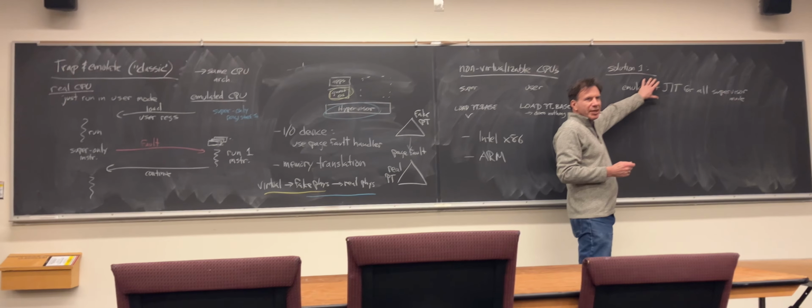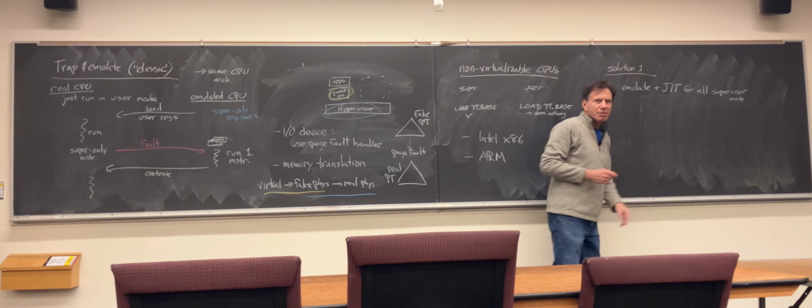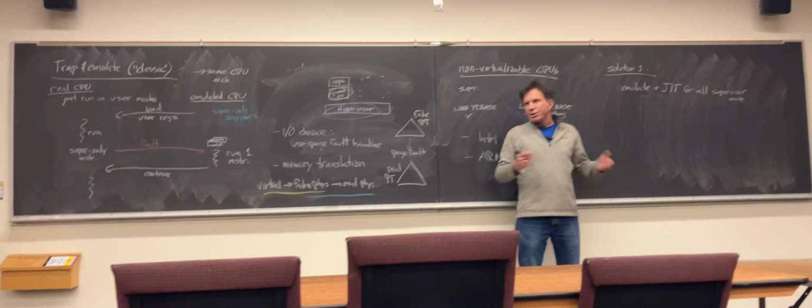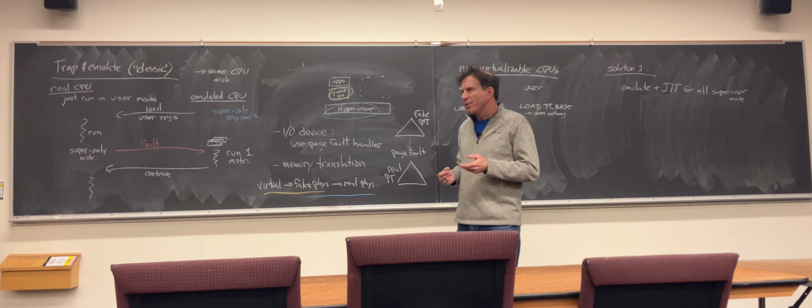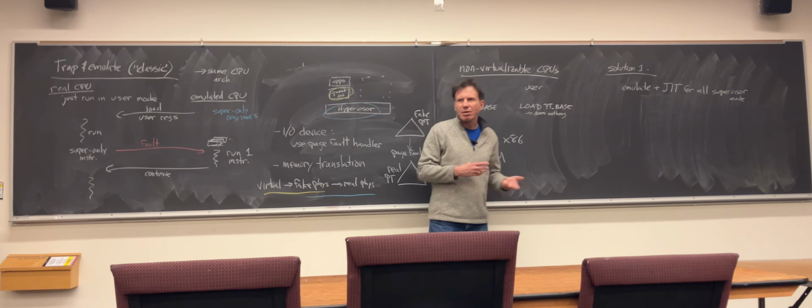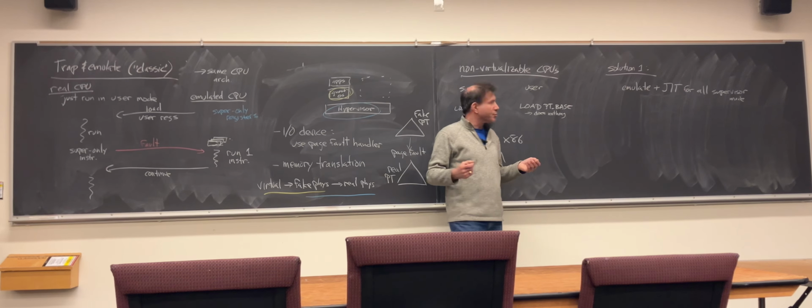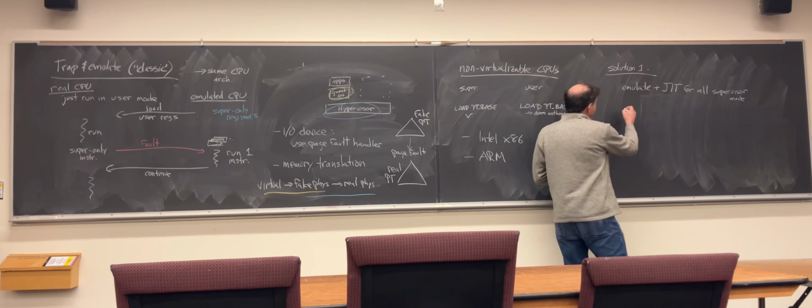It would just emulate everything in supervisor mode until you returned back to user mode, at which point it would stop emulation, jump back to the real code, and start running at full speed.